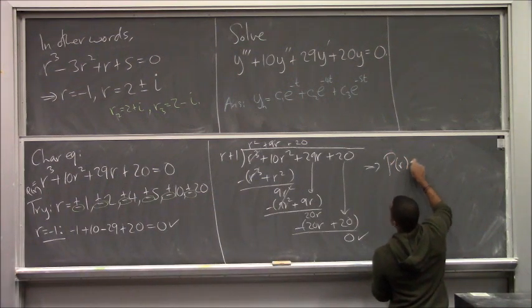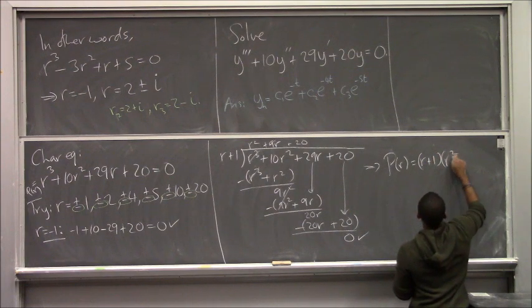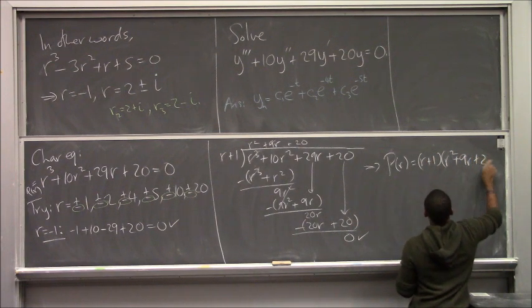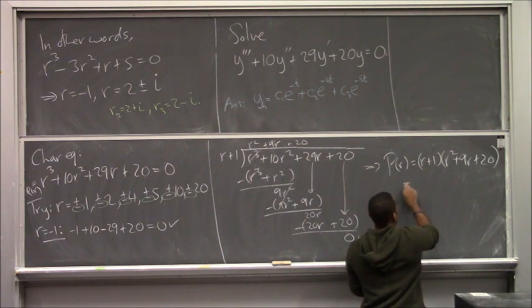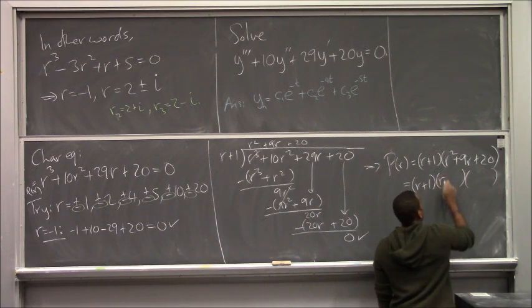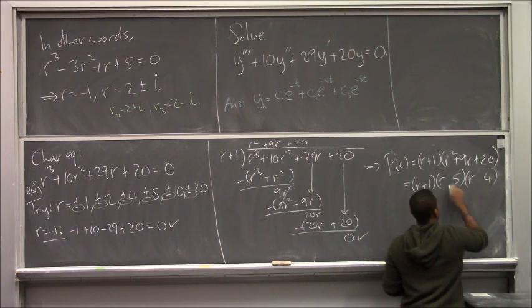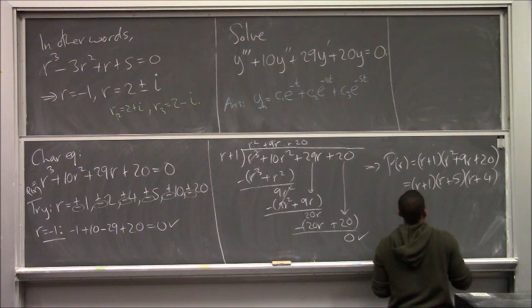What this means then is that P of r can be written as r plus 1 times r squared plus 9r plus 20. That one actually factors. Factors of 20 can do 5 and 4, and they actually add up to 9.